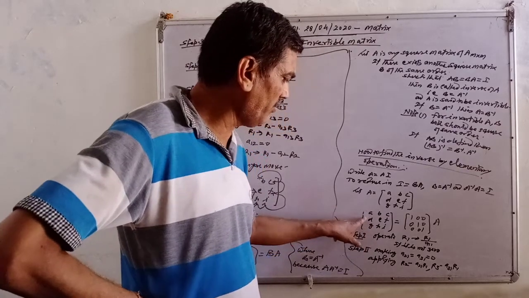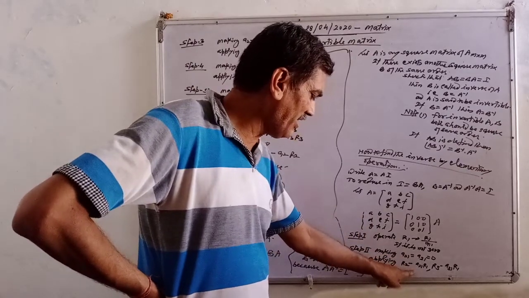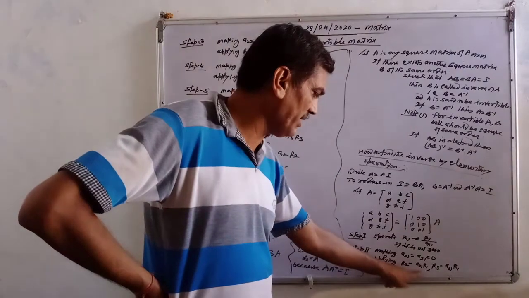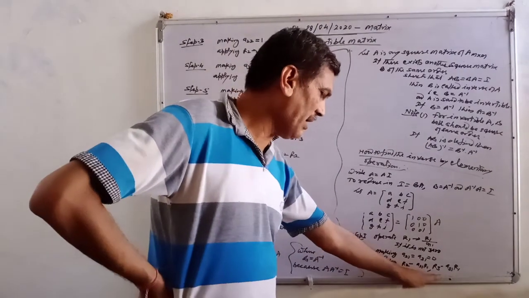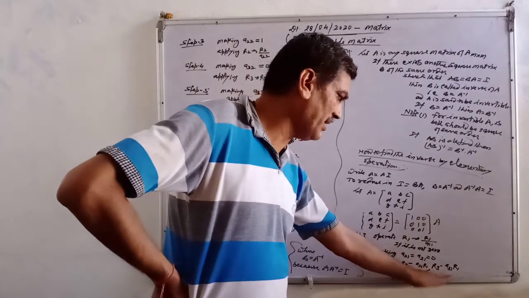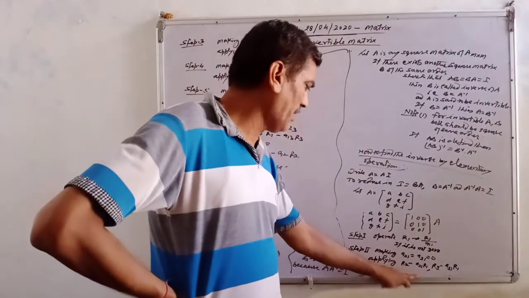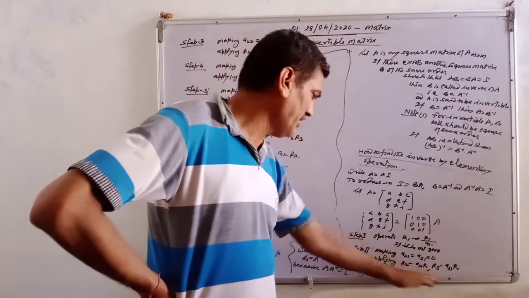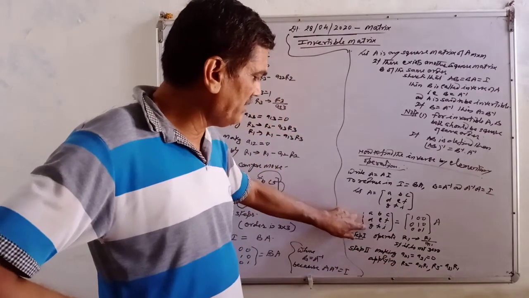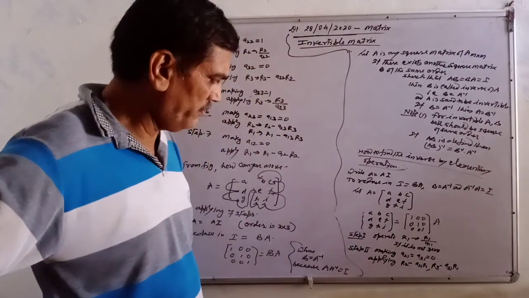So remember, R2 tends to R2 minus A21 R1, and R3 tends to R3 minus A31 R1. After applying these, elements D and G will become 0.